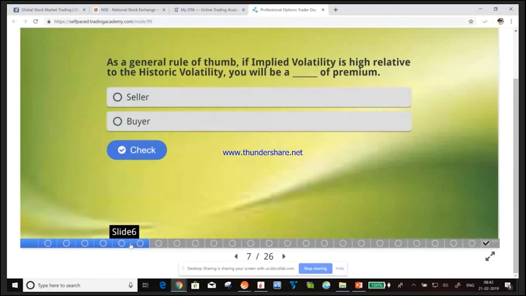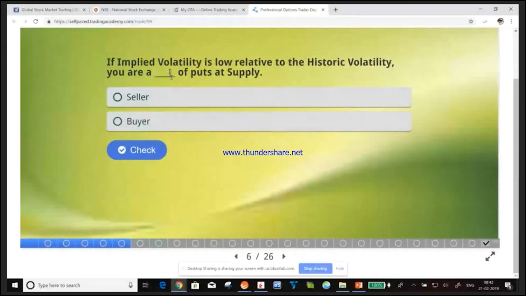Day 3, right? We are buyer of puts at supply only, Rahul. Remember that. The question is, if IV is low relative to HV, you are a dash of puts at supply. You are a buyer of puts. If this was demand, this would be calls at demand.